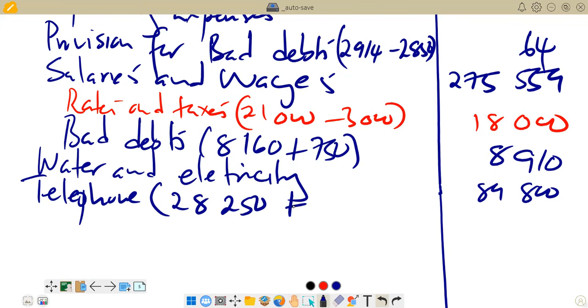Then we add the one that is not yet paid, which is 1,561. And then the figure that you are supposed to get is 29,811. Right. I'll go back again to check the next expense that we have.